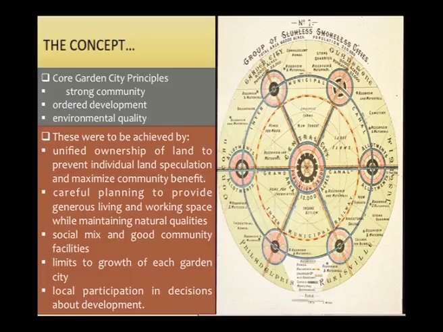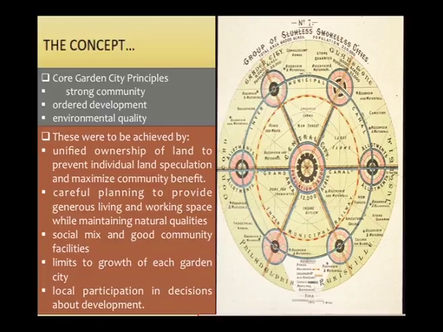These were achieved by unified ownership of land to prevent individual land speculation and maximize community benefit, careful planning to provide generous living and working space while maintaining natural qualities, social mix, which is of both good community facilities as well as different social groups, limits to growth of each garden city, local participation in decisions about development.